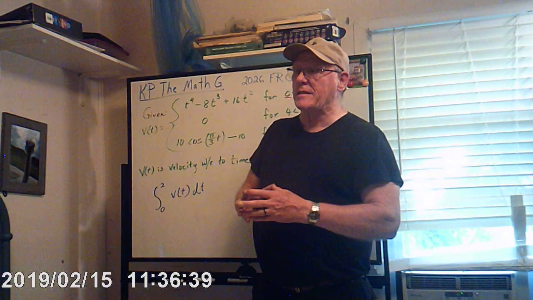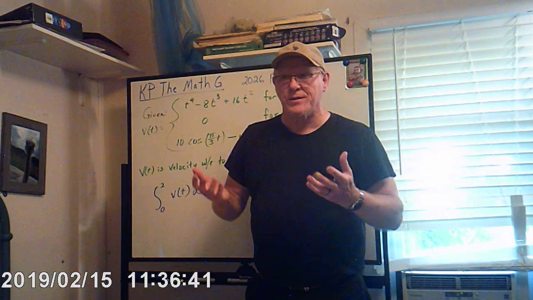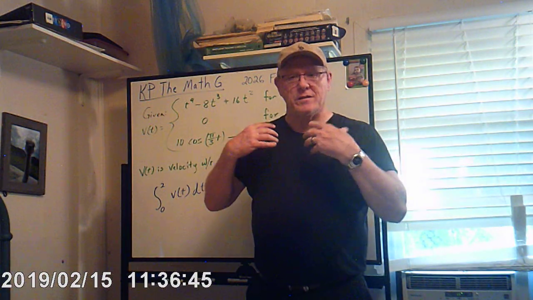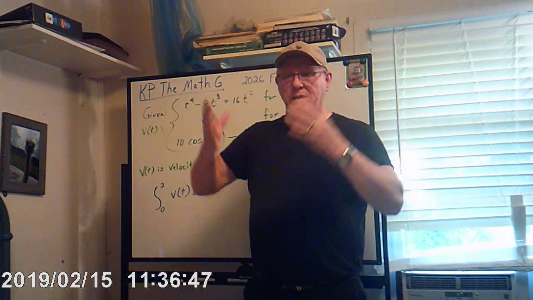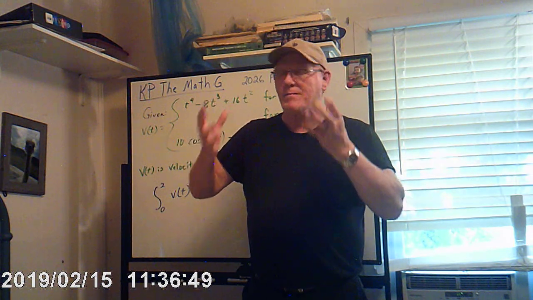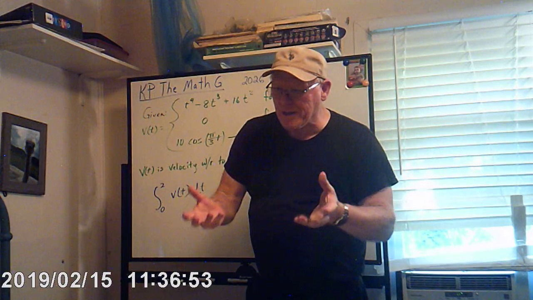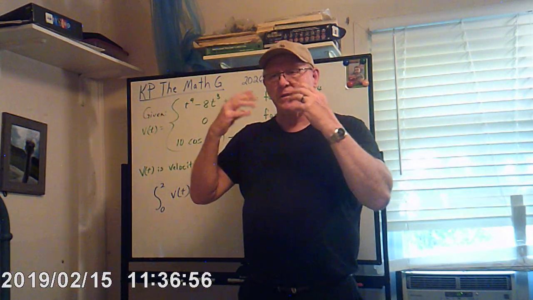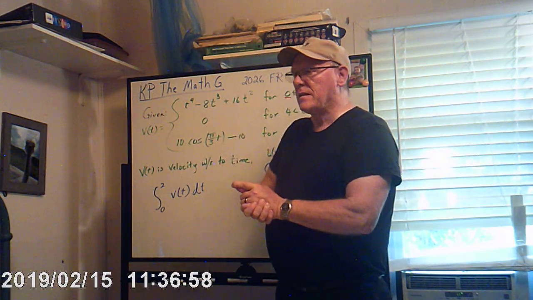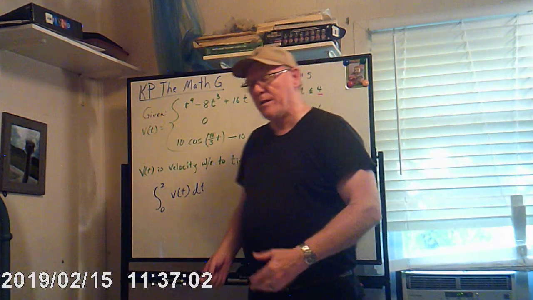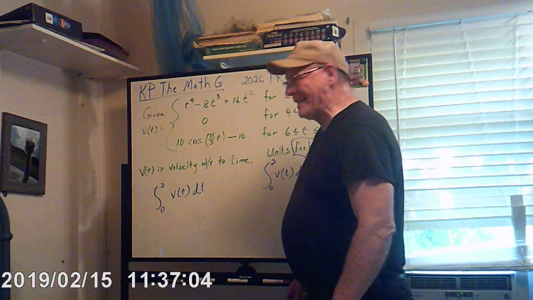Kind of like in volume, cubic centimeters per second. It's going to be cubic centimeters. You get volume, not volume with respect to time, but just volume. Amount, quantity. That's what you get when you deal with a definite integral.